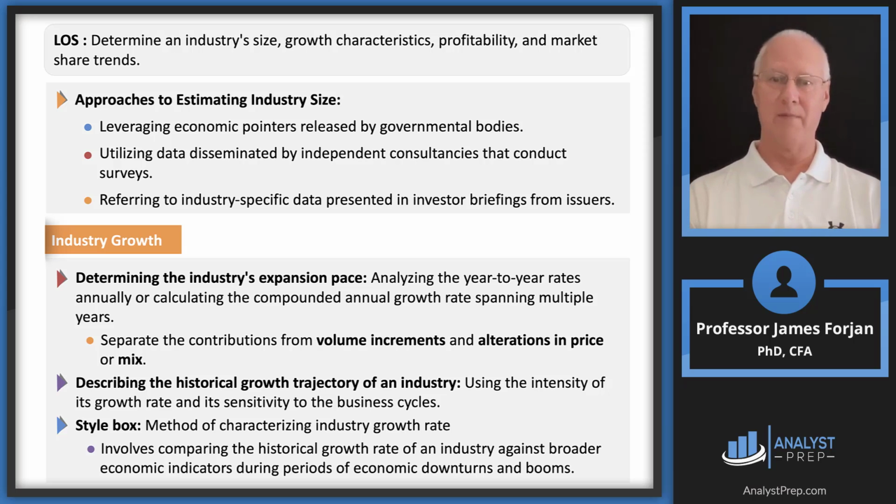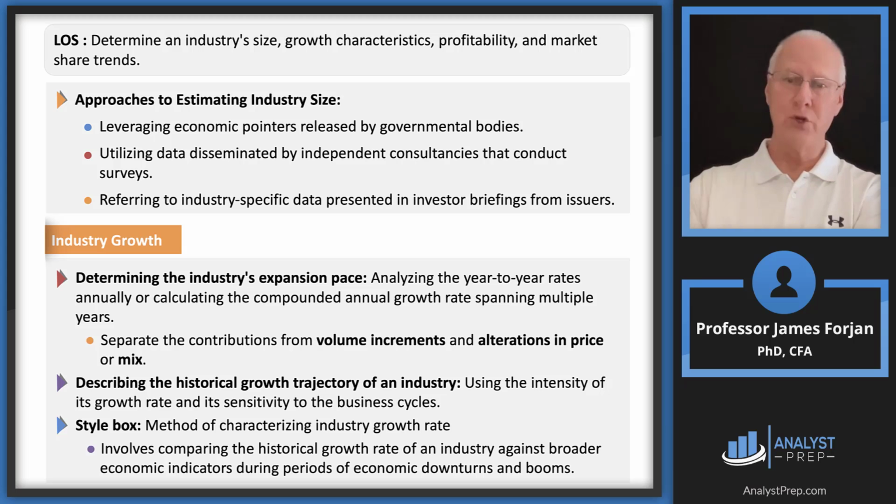But I think the better model is to go ahead, take a look at history, estimate what the historical growth rate has been, use that as a base for an estimate of future growth rates, and then adjust that estimate based on risk premiums that are currently driving the industry today.